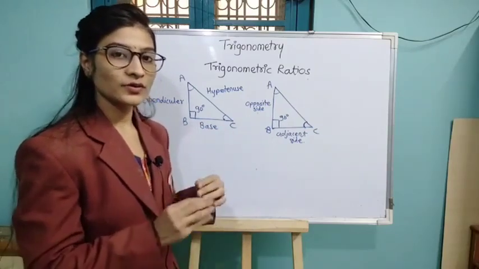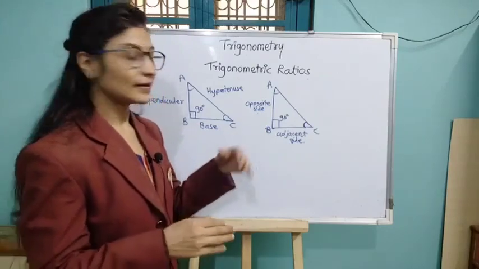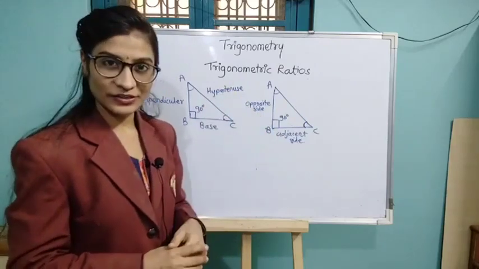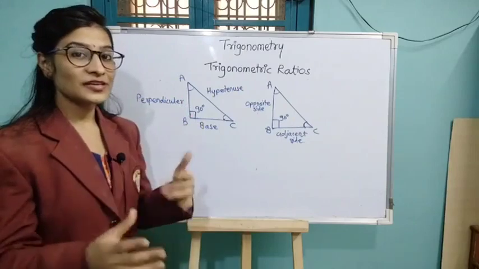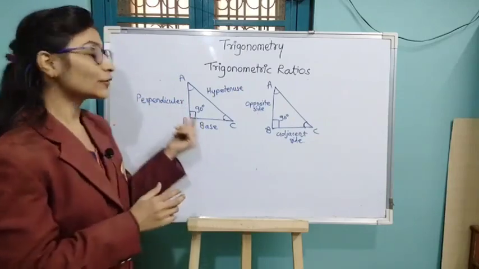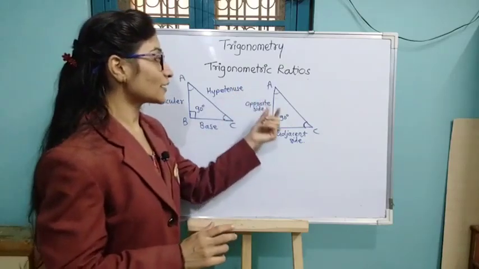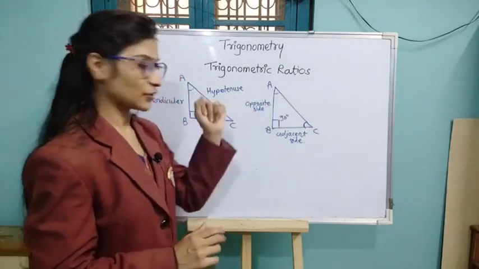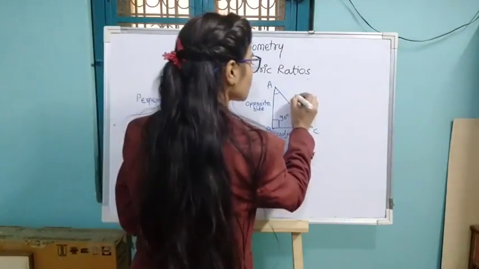Because in some books there is another concept related to trigonometric ratios. In some books trigonometric ratios are given in the form of perpendicular and base, and in some books they are given in the form of opposite side, adjacent side, and hypotenuse. I am just writing hypotenuse here.